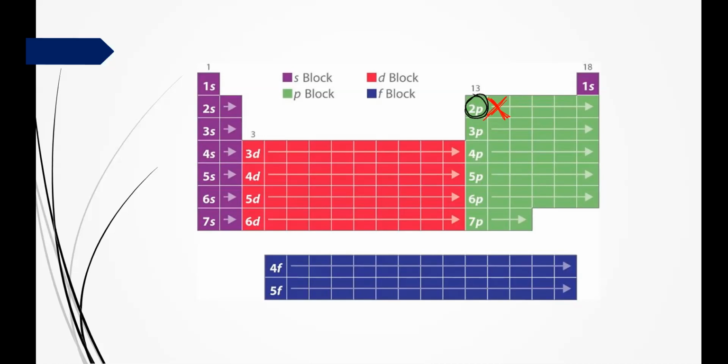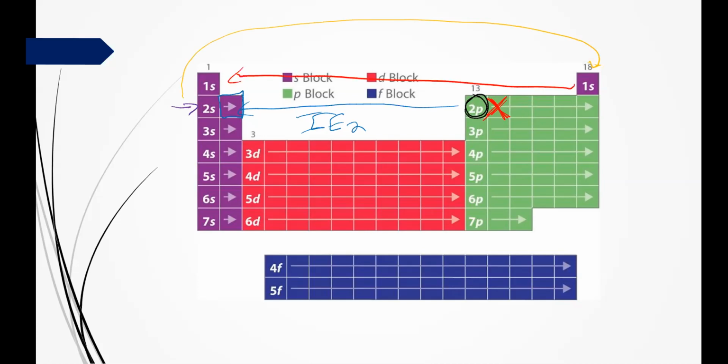When we remove a second one, so this is ionization energy 2, we start to look like this one. Number 3 moves us over to this box right here. Number 4 finally transitions us all the way over to that box. And then number 5 is when we move from our helium to our hydrogen box.